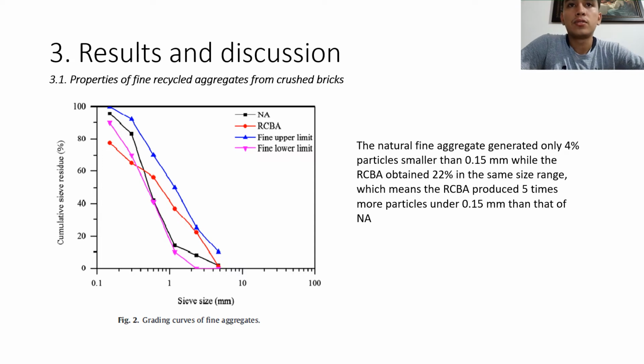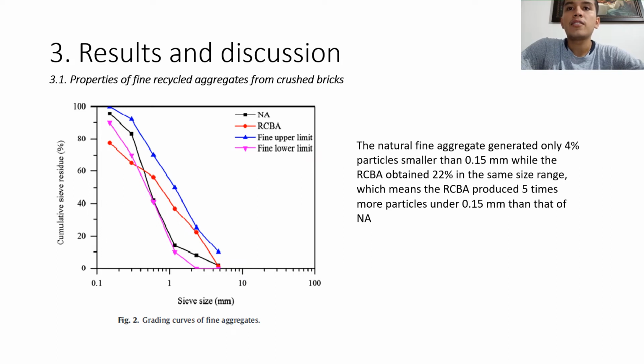The graph 3.1 shows us the granulometric curve representing the behavior of NA, RCBA, fine upper limit, and fine lower limit.